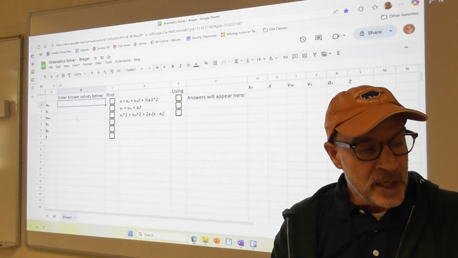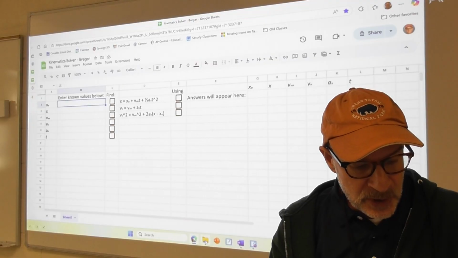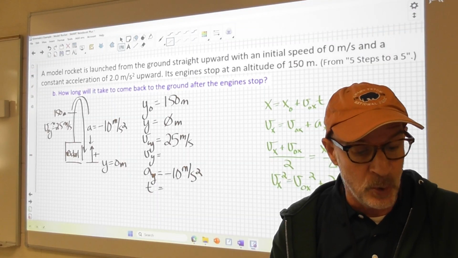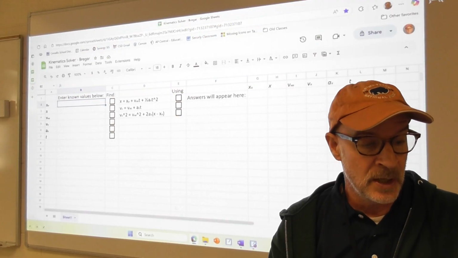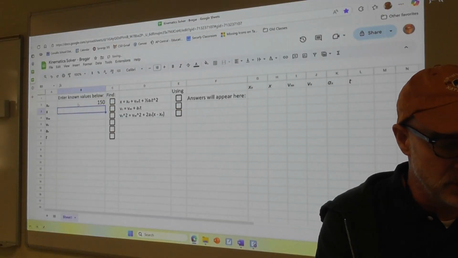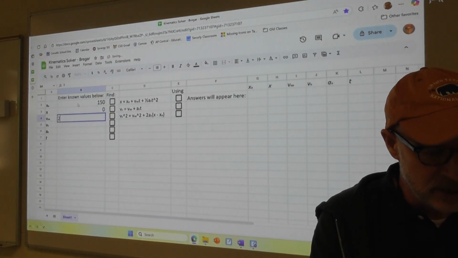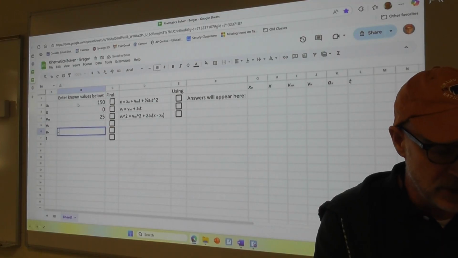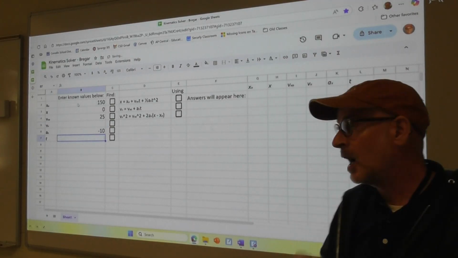And then we can put the values from our variable inventory in there, and they're in order. So I'm just gonna go down the list. My initial position was 150, my final position was 0, my initial velocity was 25, I don't know my final velocity, my acceleration is -10, and I don't know the time.